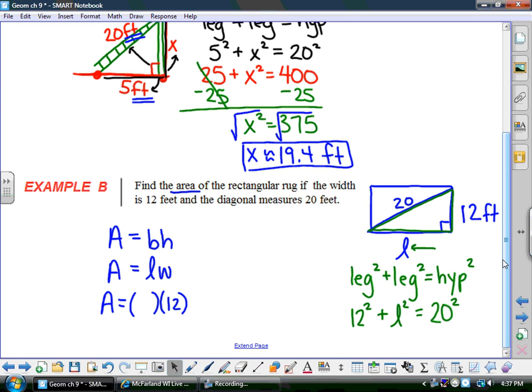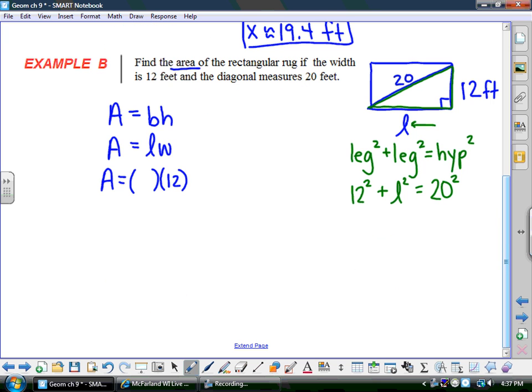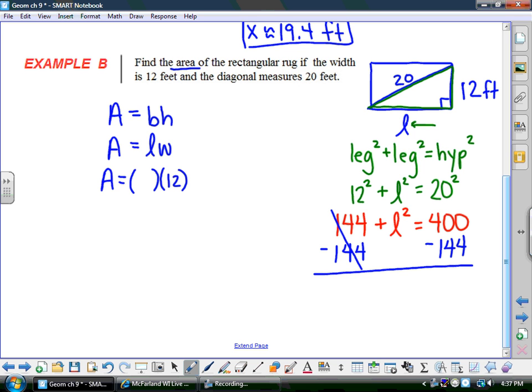And either in your head or on your calculator, type those numbers in, and we'll solve the equation for L. This time when we take the square root of both sides, we do get a nice number.